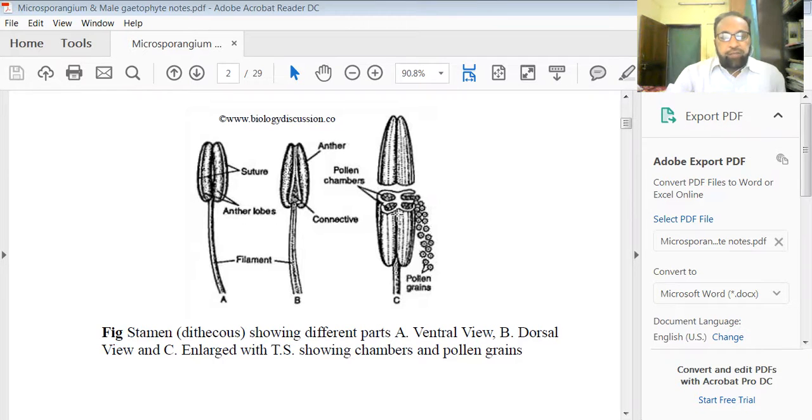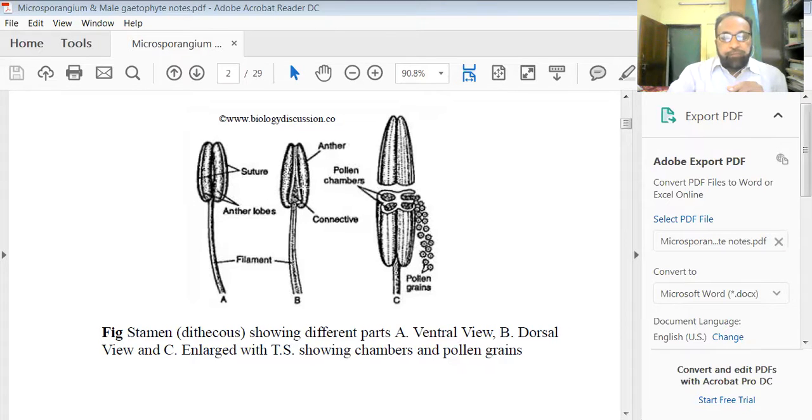These lobes are joined together by a connective that is responsible for joining all four chambers of the anther. And on the adjacent side, there are the sutures. So in this way, this anther is present.